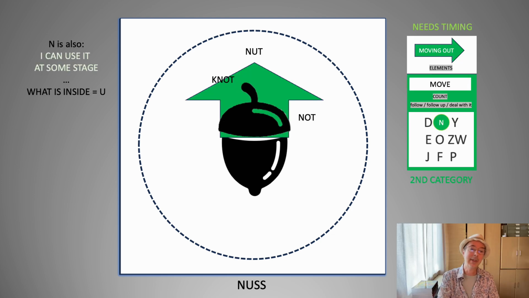So N means actually that I need time for it, and I will take my time before I will be able to use it. So that's the timing that you have there.